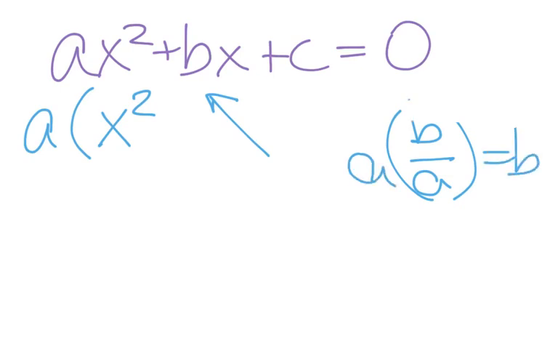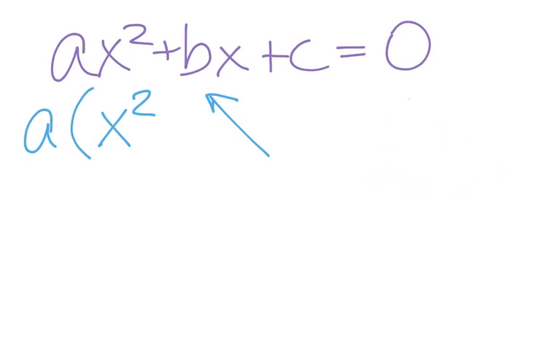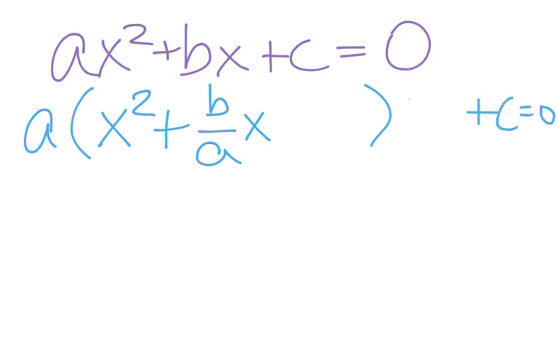So that just tells me what I need to do to factor that out. So I will say plus b over a times x. And I'm going to leave some space there for when I complete my square for a perfect square trinomial. And then I'm going to add c over here.